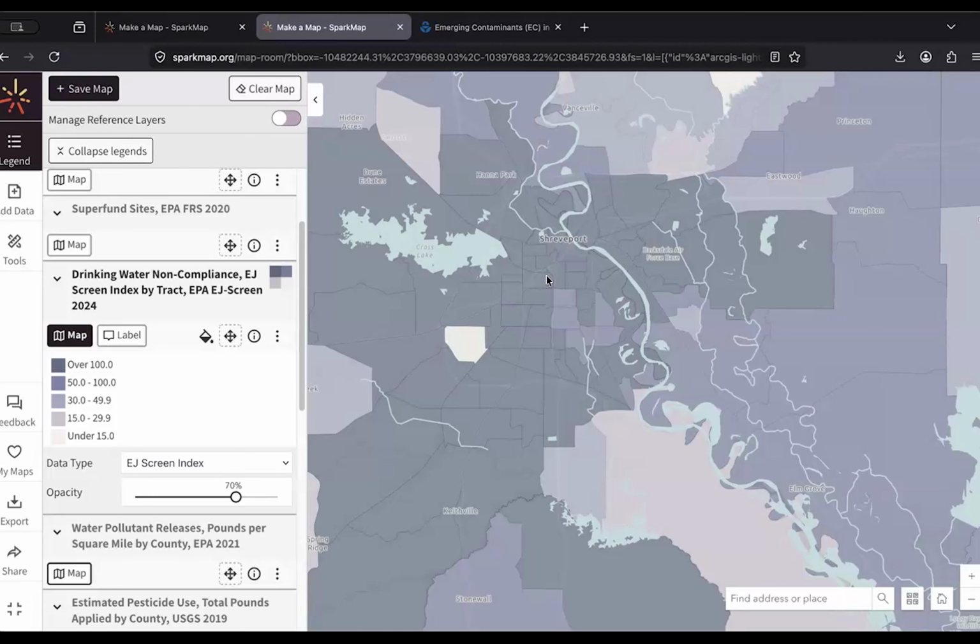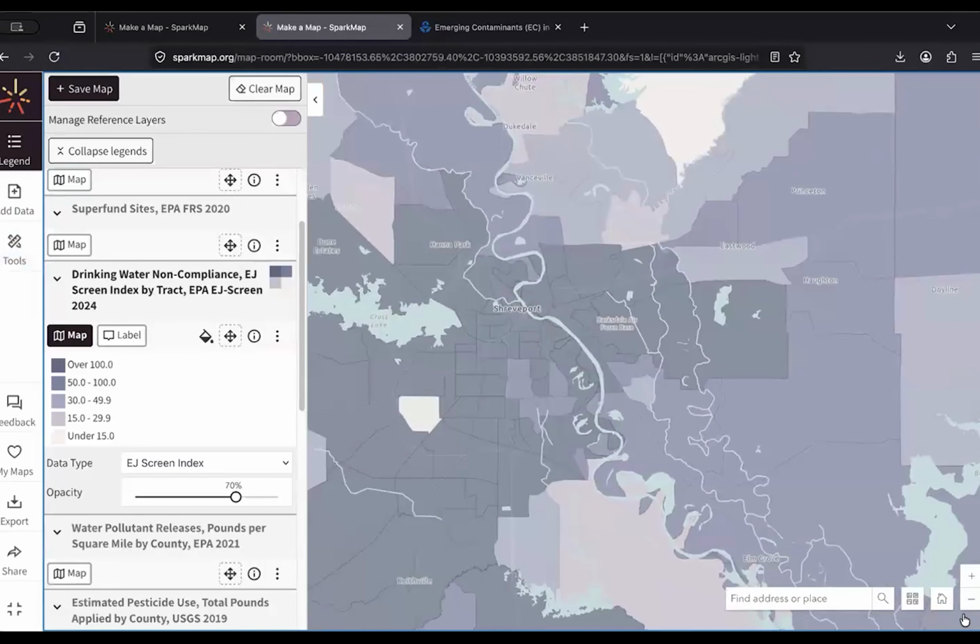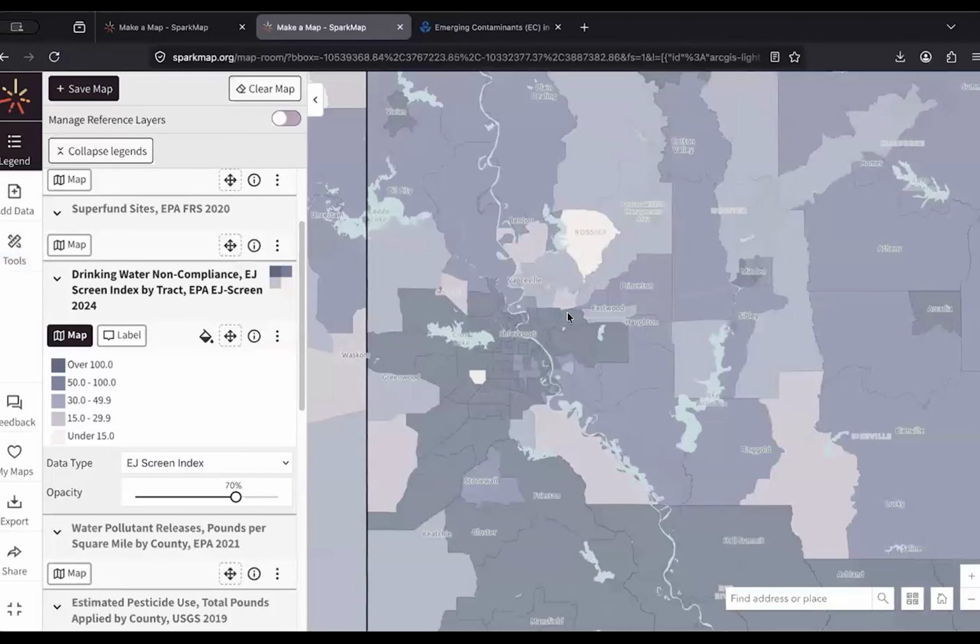You can see that this gives us some non-compliance scores by census tract as well. So again, we're getting a nice view granularly below the county level at what those non-compliance scores look like. And I think those would also make good validation for applying for and receiving funding in this kind of way as well.